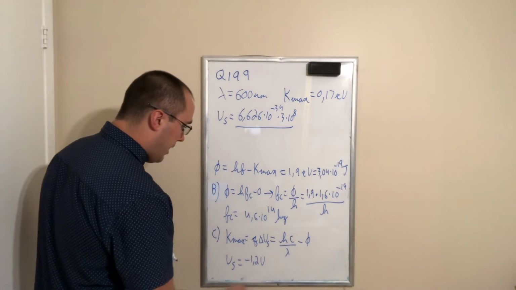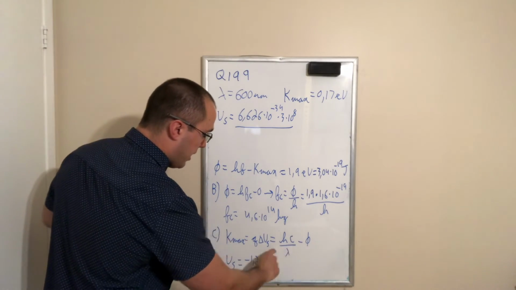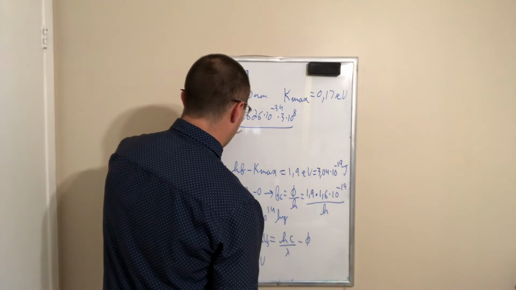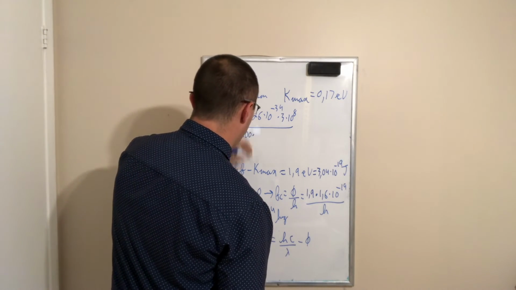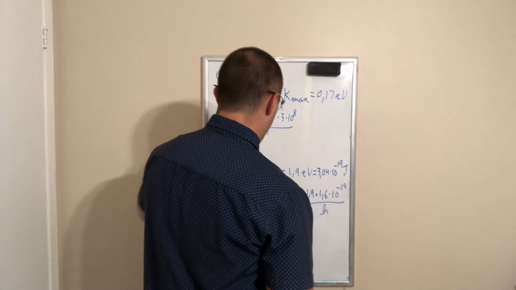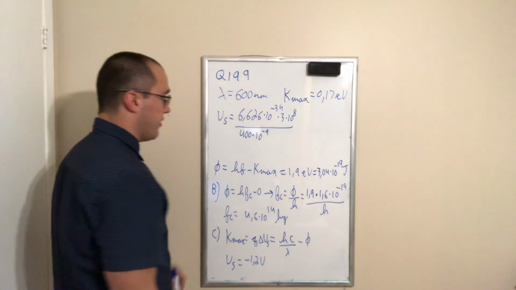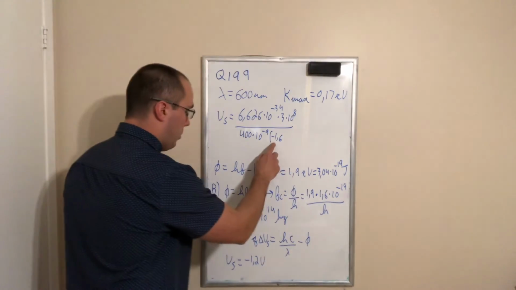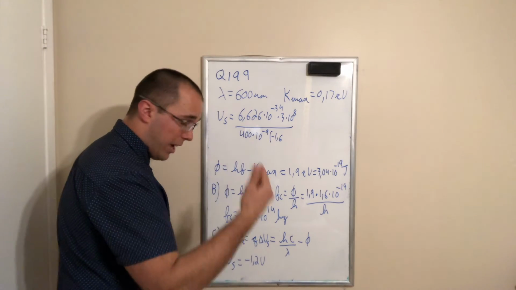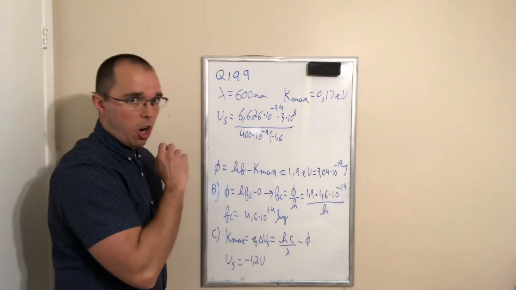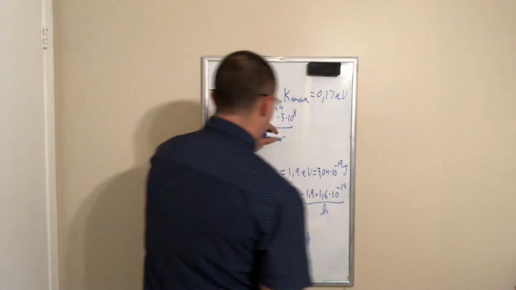We need to take the charge and divide it on these two terms, and we also have the wavelength over here. So the wavelength, we are told, is 400 multiplied by 10 to the power minus 9. The charge is the charge of the electron, so it is minus 1.6, and we will see the answer. The final answer is minus 1.2 volt, and the minus comes from the charge of the electron here.